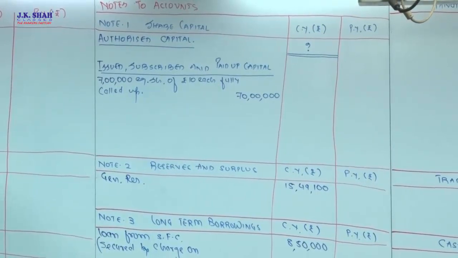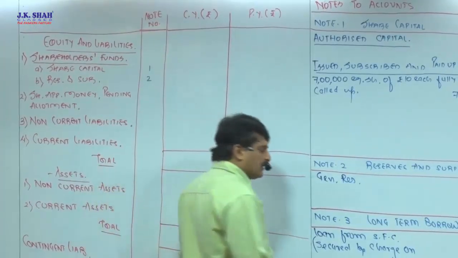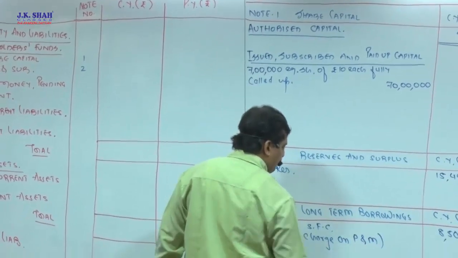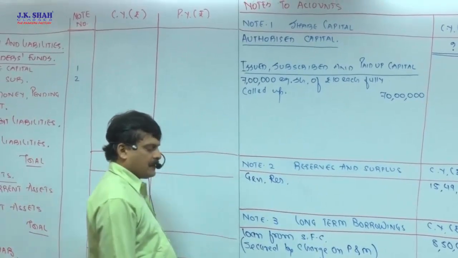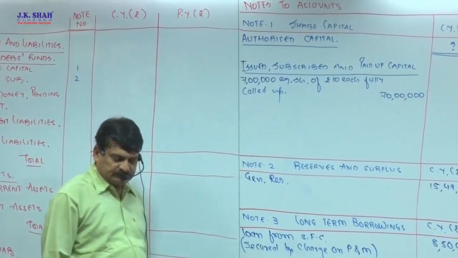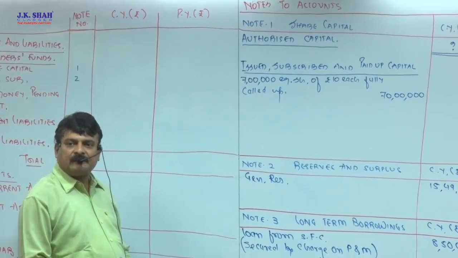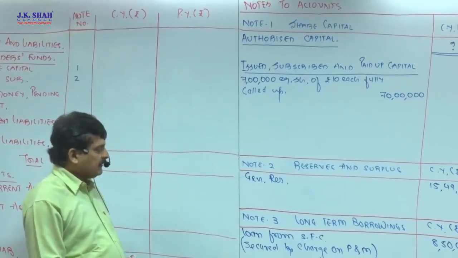Tell me, which asset has been charged? Which asset has been mortgaged? Plant and machinery. Sure, everyone? 100%? Okay, go ahead.